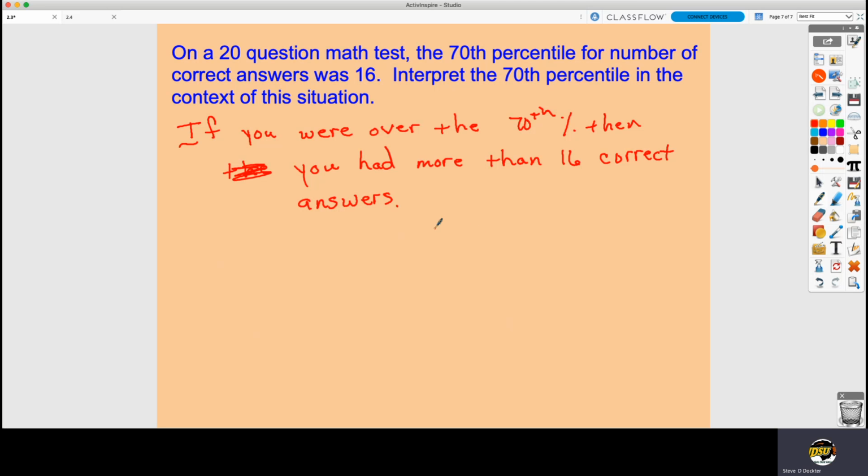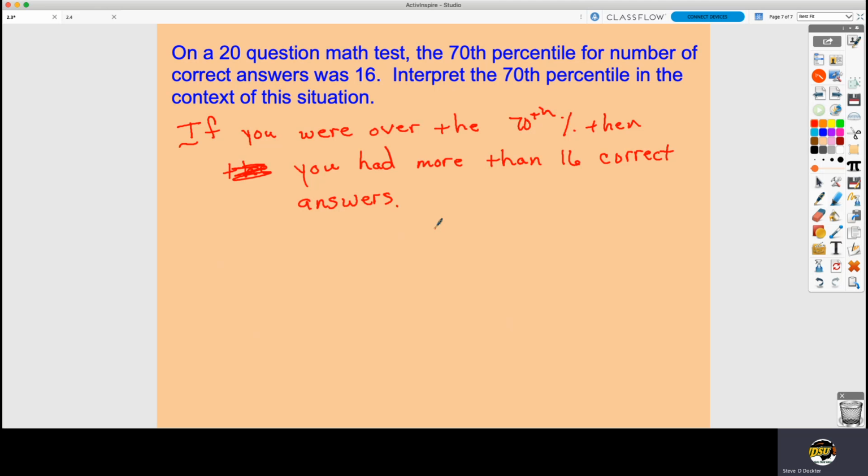Can you think of one? Jacob? Correct, that would be one way to do it. If you were more than the 70th percentile, that means you had less than what? 4 incorrect answers. That'd be one way to put it.